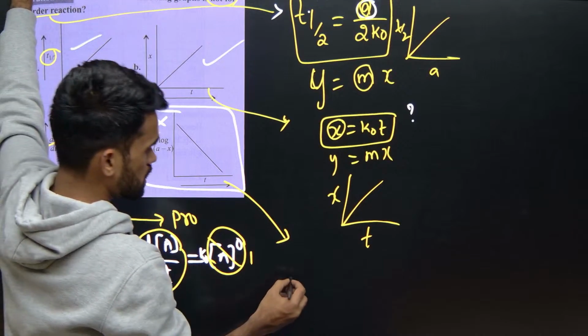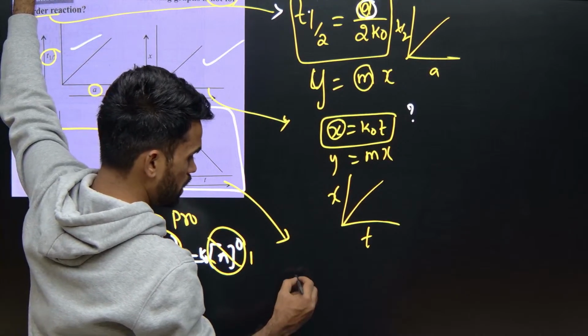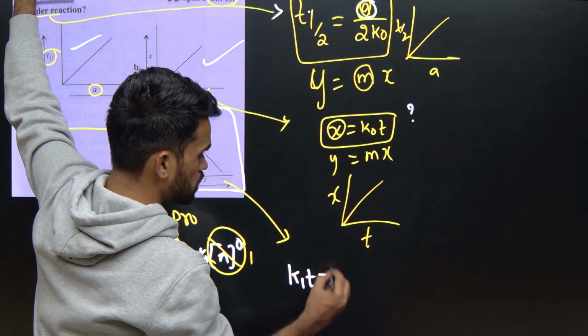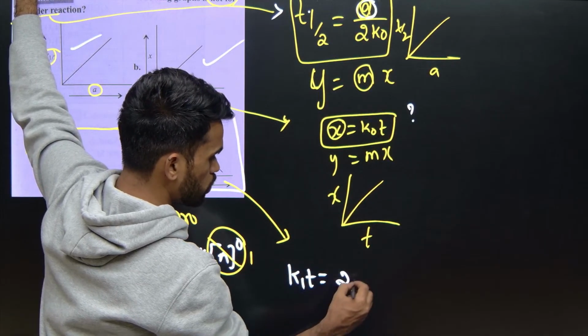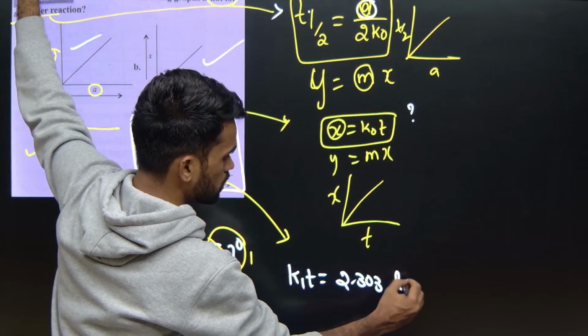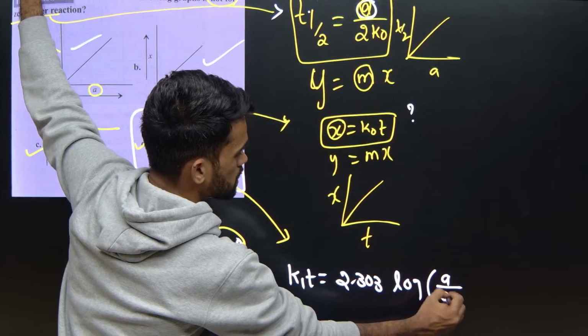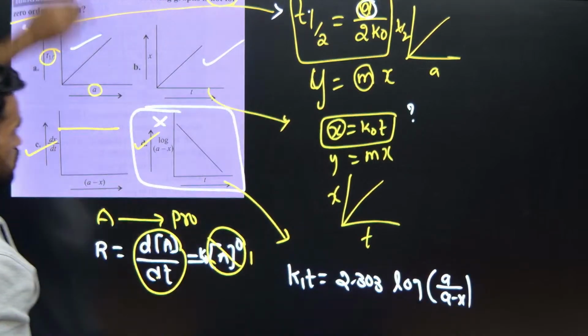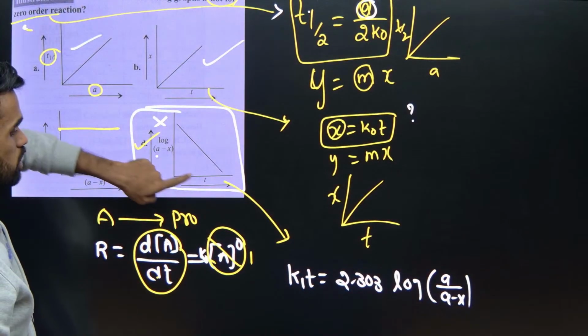The first order integral equation is given as K1 t equals 2.303 log A by A minus x. Okay, that's it. They are saying log A minus x versus t.